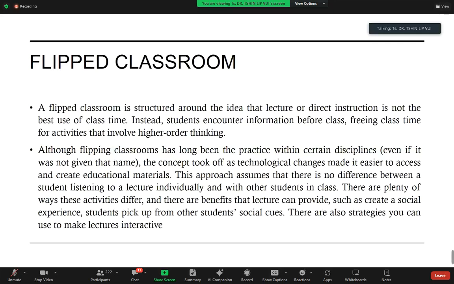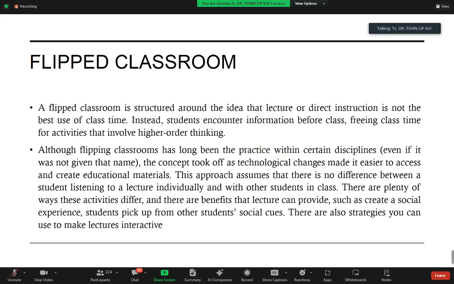Although the flipped classroom has long been the practice within certain disciplines, even if it was not given the name, it has been applied a long time ago in some Western countries. But for some of the Asian countries, it is recent, as Hassan mentioned before. Before COVID-19, the concept took off as technological changes made it easier to access and create educational materials.